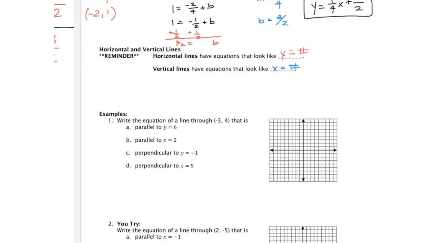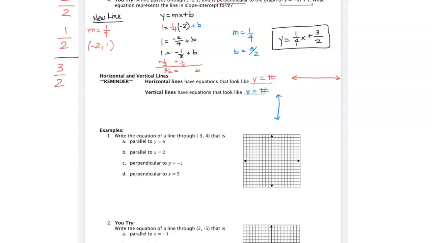Where does our line cross over the y-axis? For our vertical lines, x equals a number, and that number happens to always be the x-intercept. Just as a quick note, our horizontal lines look like this when they're graphed, and your vertical lines are straight up and down when they are graphed.